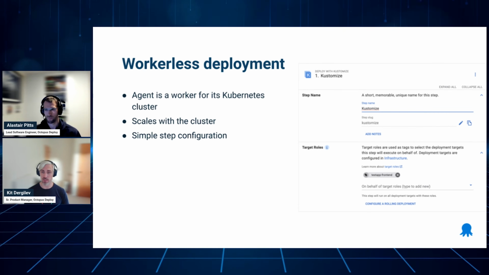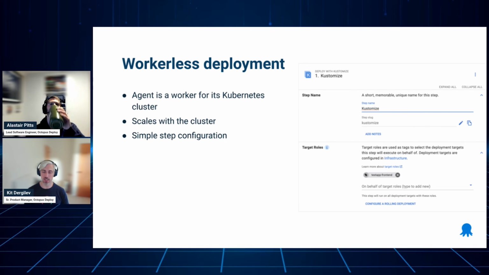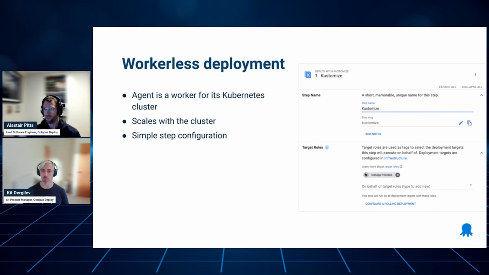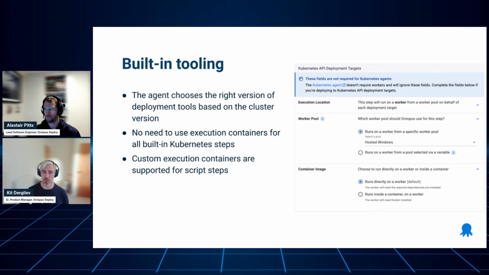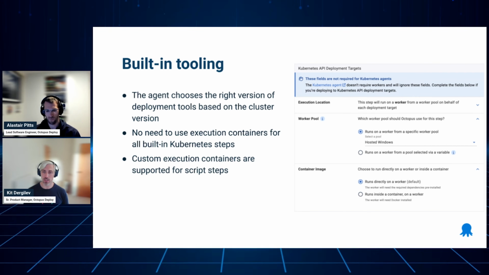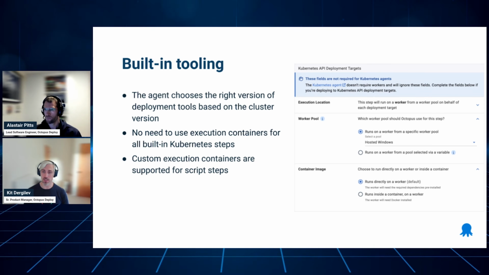So if you want to run 150 deployments against this cluster, the agent will, generally speaking, do that because it can just create as many pods as the cluster allows. Another consequence of this is, in many cases, except when you're working with a script, you actually don't need to think about tooling. The agent knows what cluster it's running on.